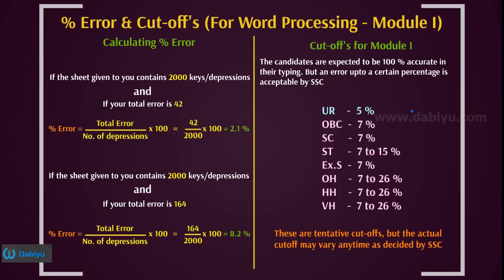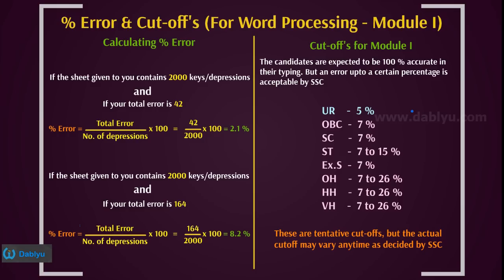So before I move forward, I would like to stress one very important point. Module 1 of CPT is really important. Why I'm saying this is because of two reasons. First, if you don't qualify in module 1, your module 2 and module 3 papers won't even be evaluated. You will be straightaway disqualified. And secondly, if you don't qualify in CPT module 1, you won't be qualified for any of the CPT or DEST related posts.